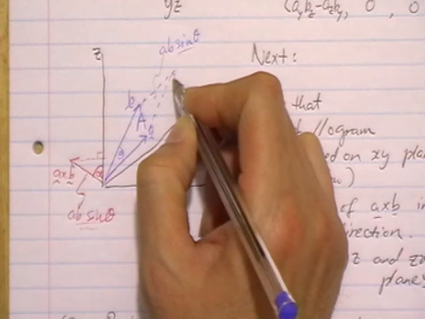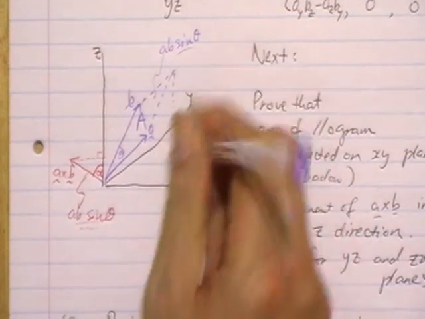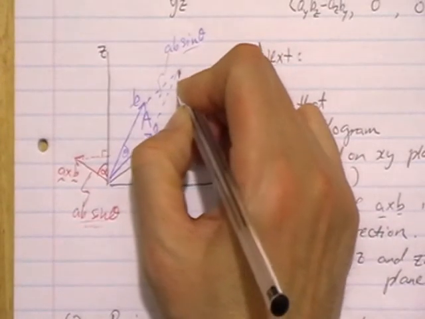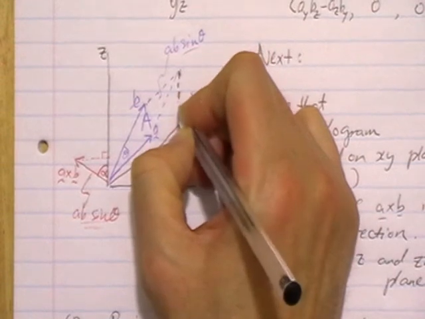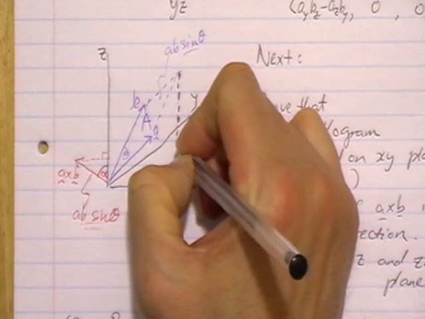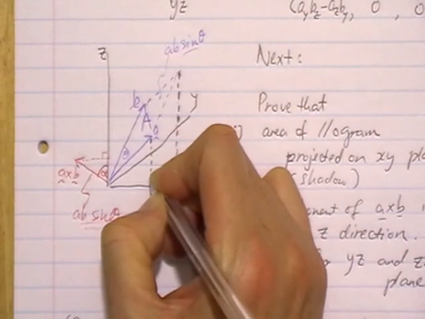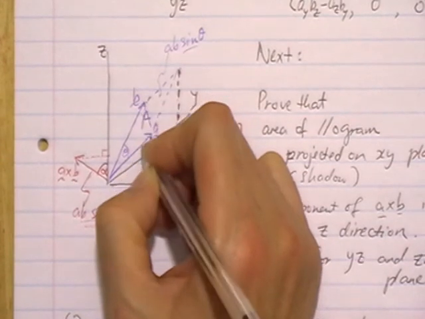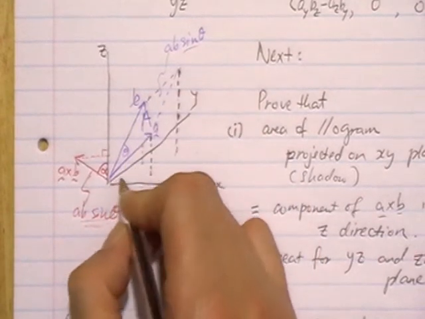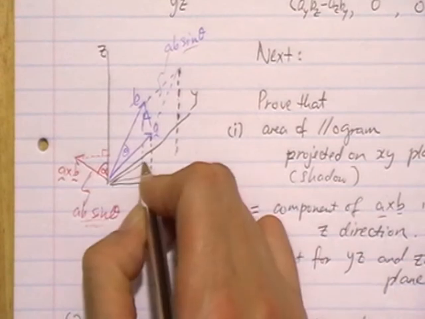So let's say that corner, this corner, that corner, so that I have an area that looks like this.